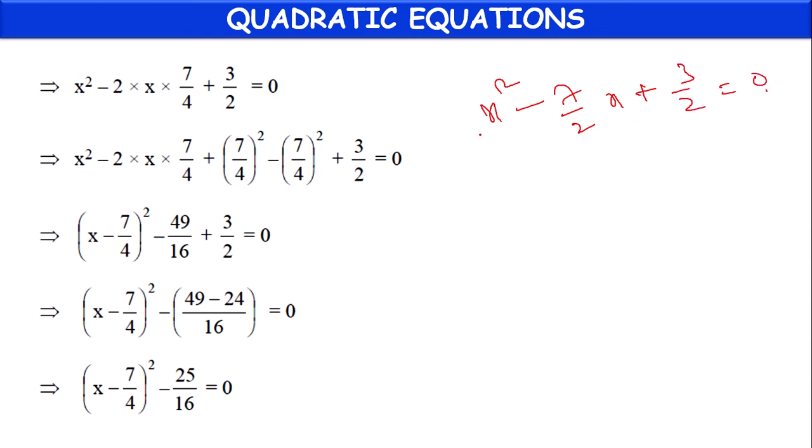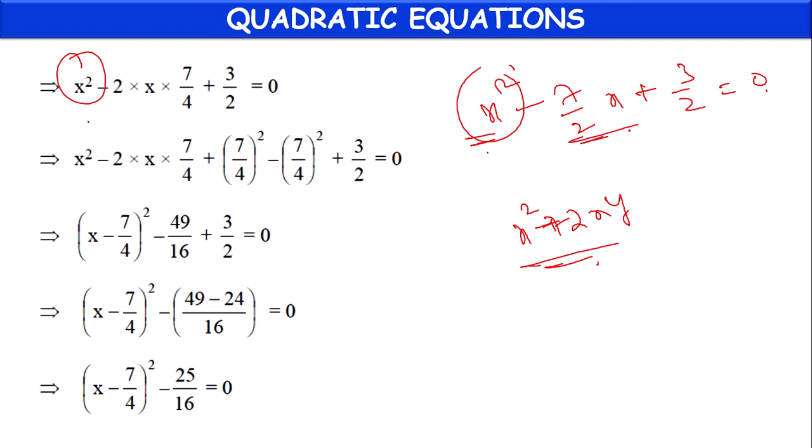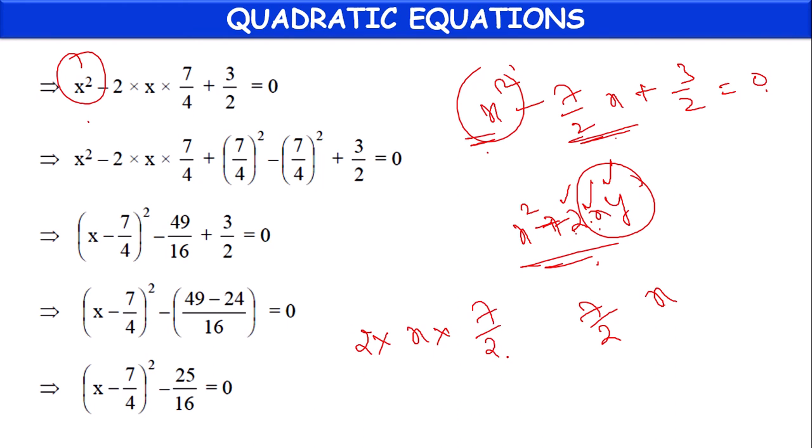But here the first one is okay, but we have to write in the form of x square plus 2xy. X square is okay, but the second term 7 by 2 x is not in 2xy form. So what do we have to do? For 7 by 2 x, we need 2 here, x here and y here.